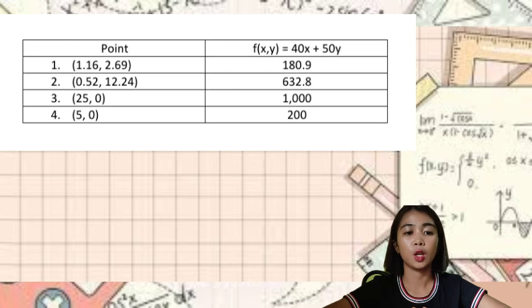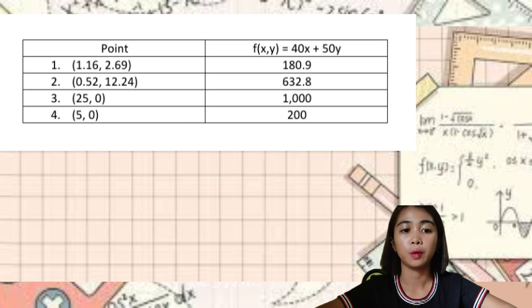And the third is 25 and 0, which is equal to 1000. And the fourth is 5 and 0, which is equal to 200. So therefore, our maximum profit is achieved at x equals 25 and y equals 0, with a profit of 1,000 pesos.